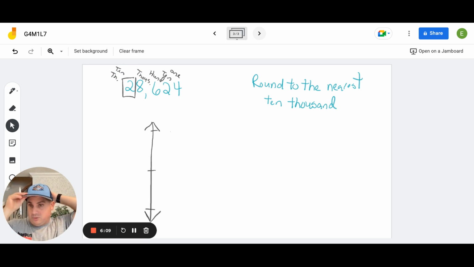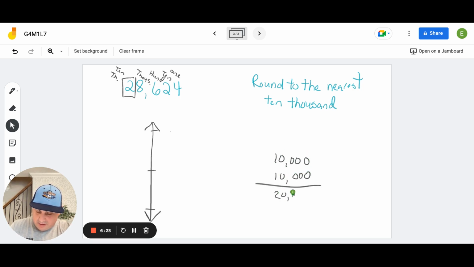If you don't, then that's something that you need to practice as well. So I have a 2 in the 10,000s place. If I have two 10,000s, it means I have 10,000 and another 10,000, I have 20,000. So 20,000 is going to be the bottom of my vertical number line.